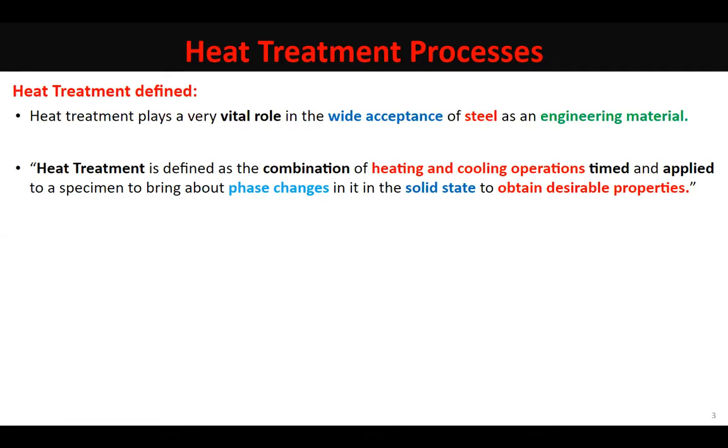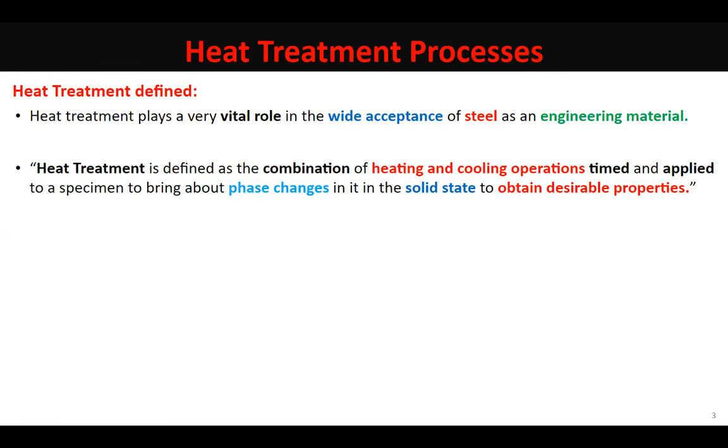And we have to heat the steel only till a point when it does not get into the molten state. So whenever heat treatment is being done, the care is that the temperature to which the steel is heated is a temperature at which the steel would always remain only in the solid state. We would never go till the liquidus temperature of the steel or any material system that has been taken.